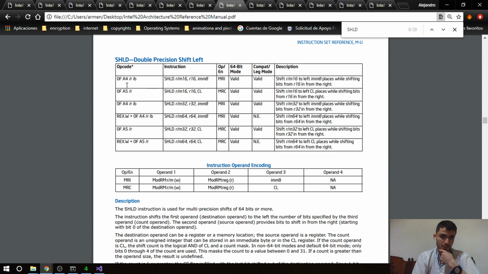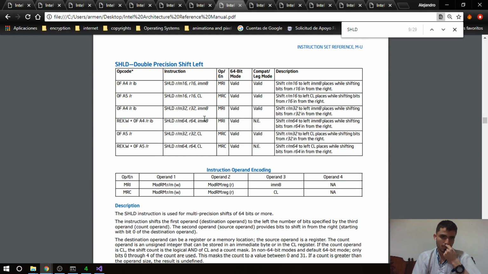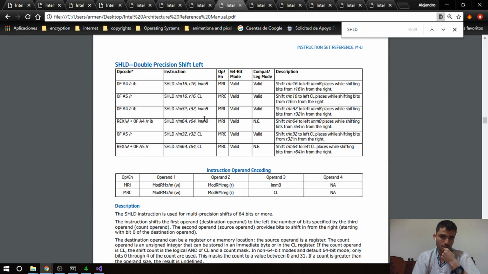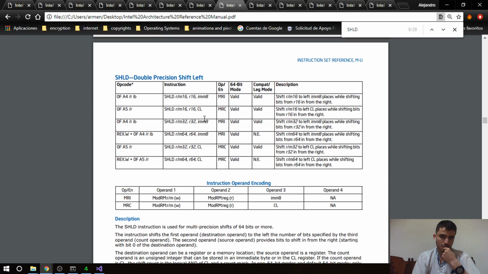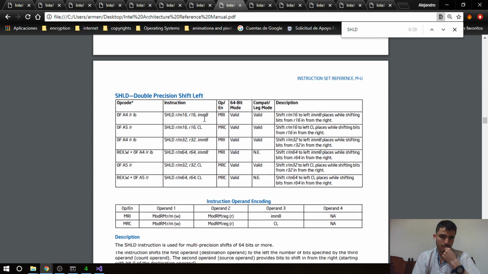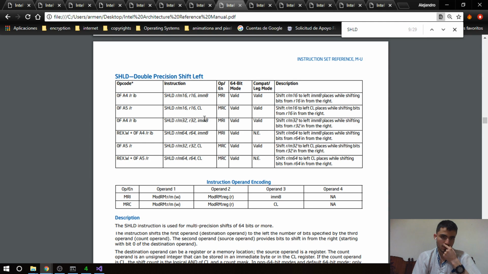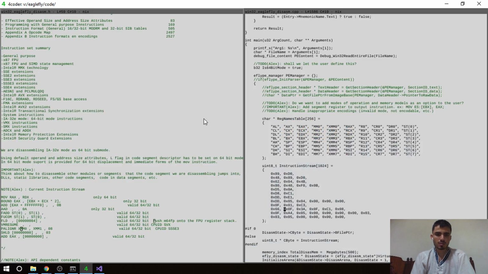We have OF A4 immediate, I believe. We have OF A4 O5 displacement immediate.